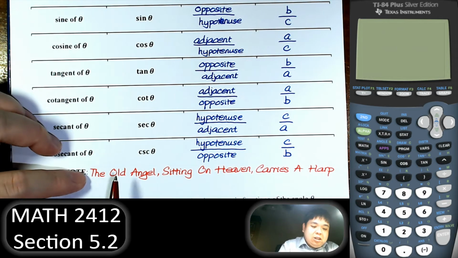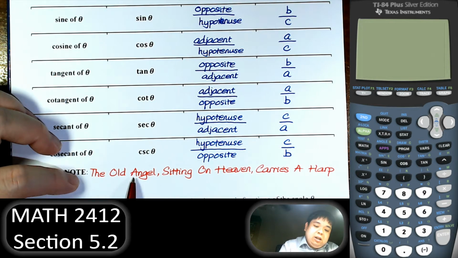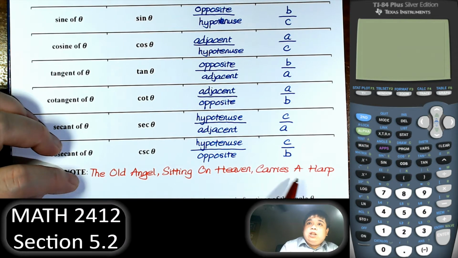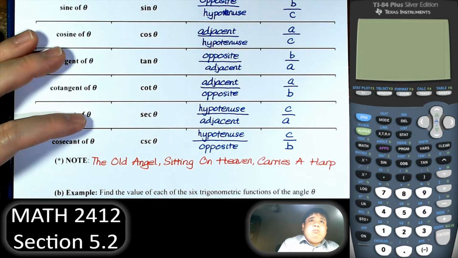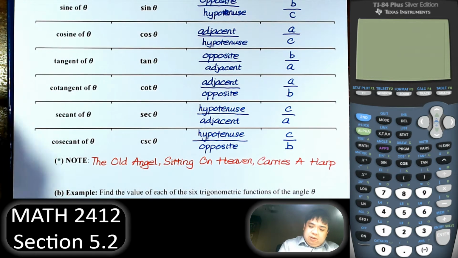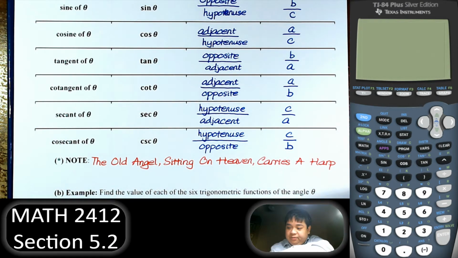So tangent is opposite over adjacent, sine is opposite over hypotenuse, and cosine is adjacent over hypotenuse. Of course, there are a lot more that you can find online easily. I know one more.